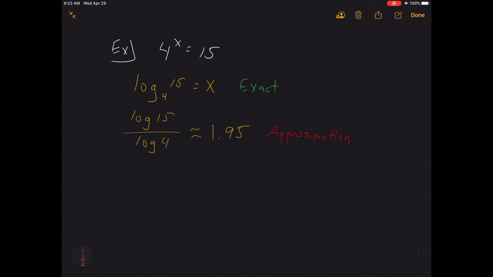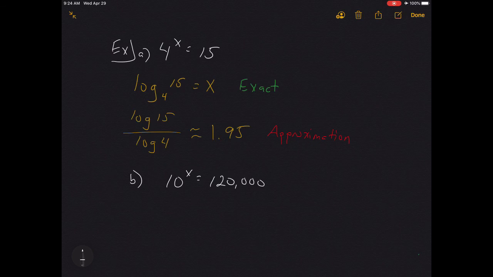Okay, let's look at one more. We'll call this one up here A. Let's look at B. So let's do 10 to the x power equals 120,000. Okay, this is a little bit bigger numbers. I can tell you that 120,000 is not a power of 10.